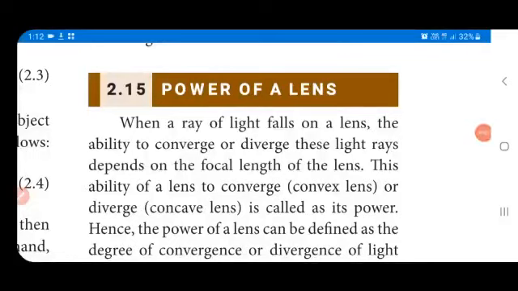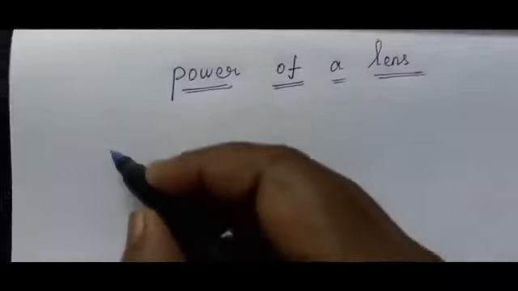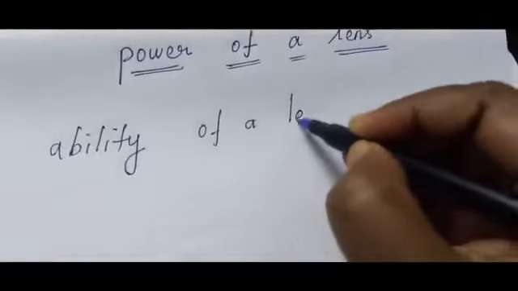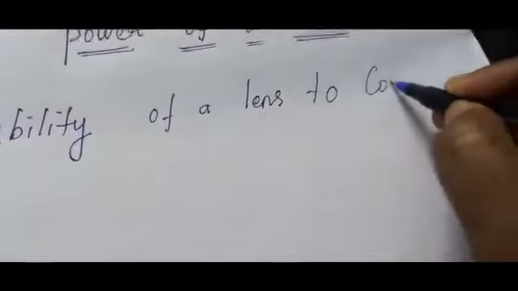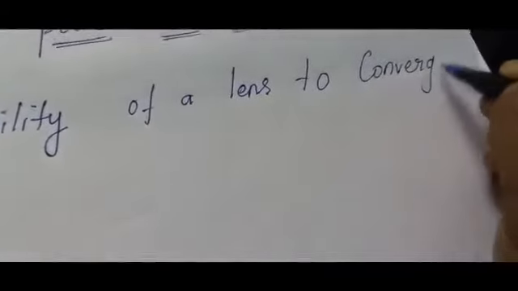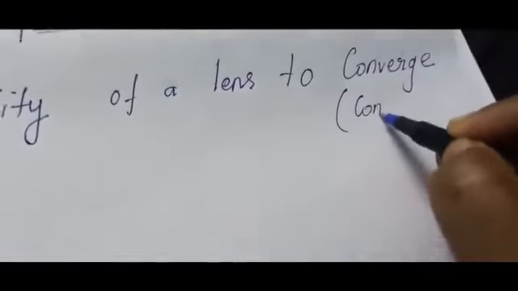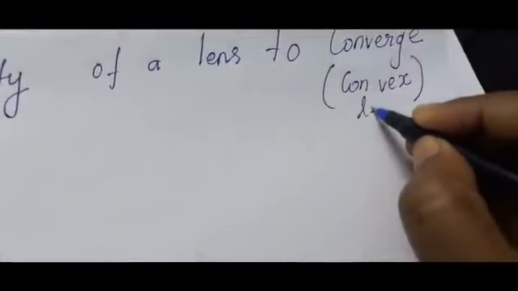Our next topic is power of a lens. Students, power of a lens is defined as the ability of a lens to converge or diverge. Which type of lens will converge? Convex. So convex lens converges the light, and a concave lens diverges the light.